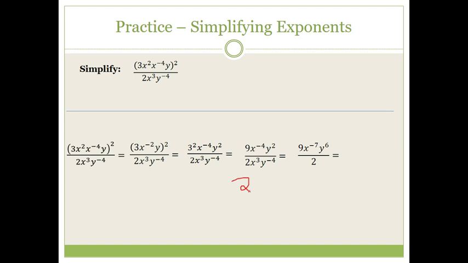Here I have a 2, and I'm going to subtract it because we always subtract the exponents. The bottom exponent happened to be a negative 4. So that's the same as saying 2 plus 4, which is positive 6. That's how I got y to the positive 6 on top. And then finally, we don't like to leave negative exponents.